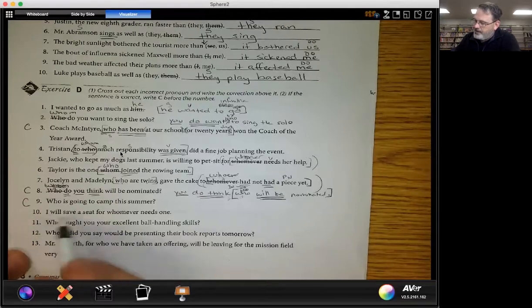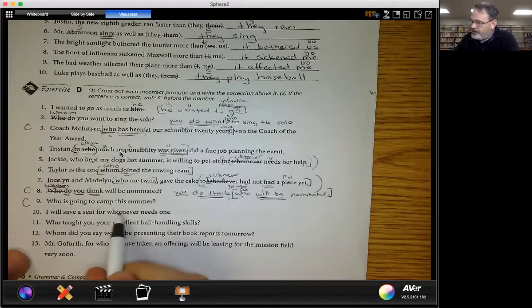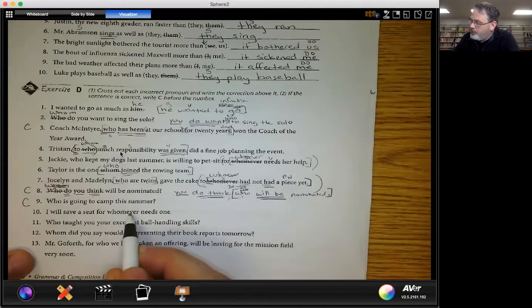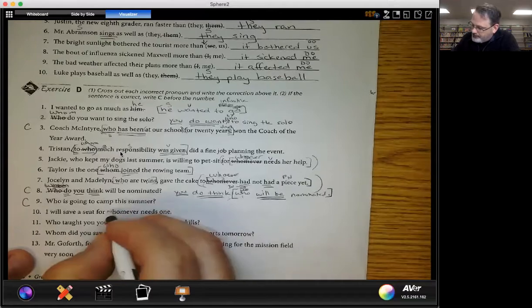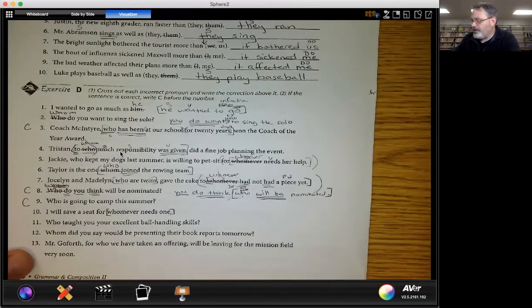Okay. Now number 10. I will save a seat for whomever needs one. All right. So for this to be whomever, or I'm sorry, you would use whomever if this were the only object of the preposition, but that clause is the object of the preposition.